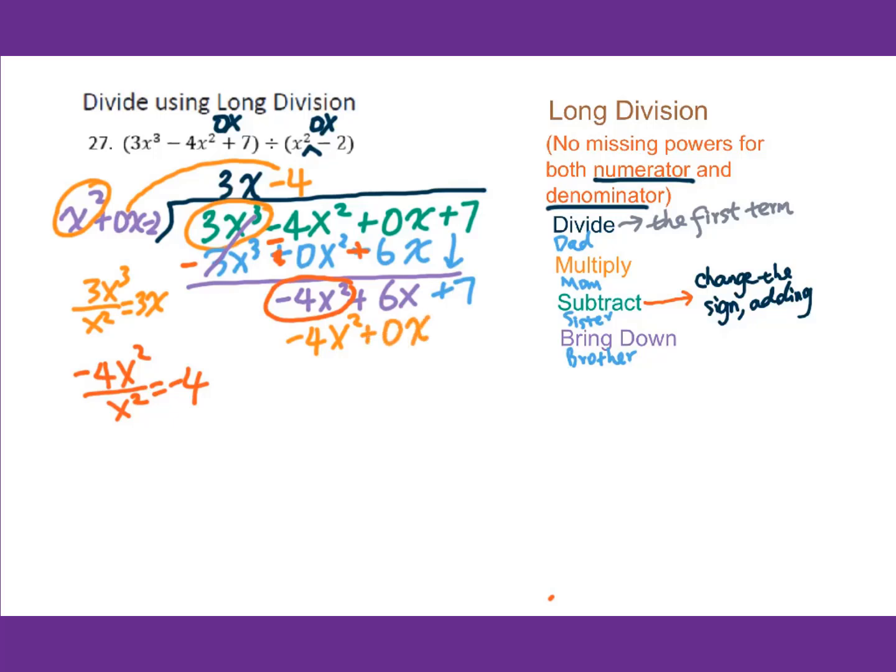Negative 4 times negative 2, you will get positive 8. Then remember, change the sign. Adding. So we got 6x minus 1. Then we can write down the answer: 3x minus 4 plus 6x minus 1 over x squared minus 2.